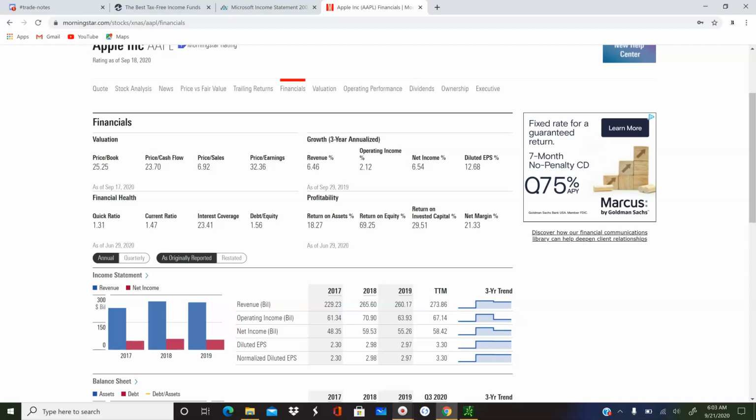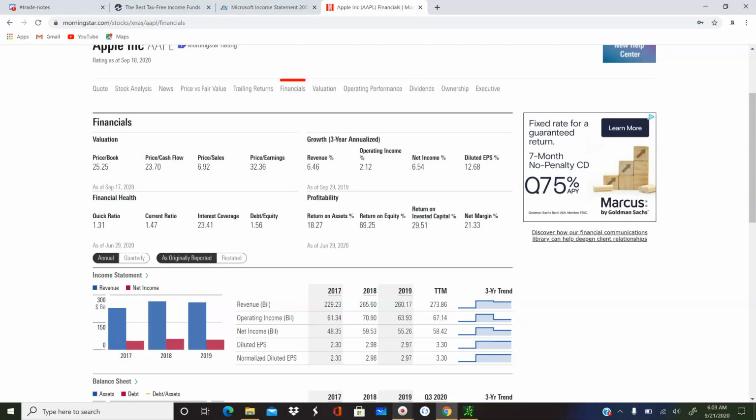Remember, short-term generally refers to debt that's due within the next 12 months or so. So we're going to continue that conversation, except we're going to investigate the long-term side of things with the interest coverage ratio and the debt to equity ratio.